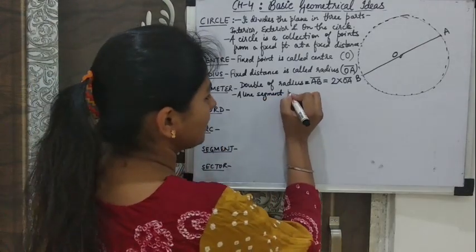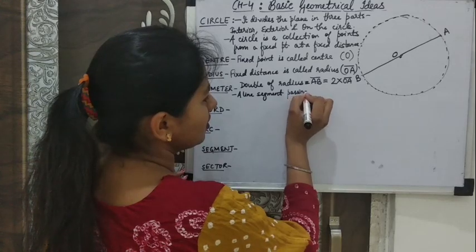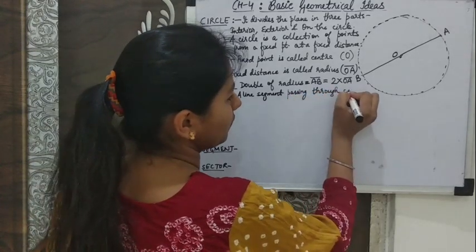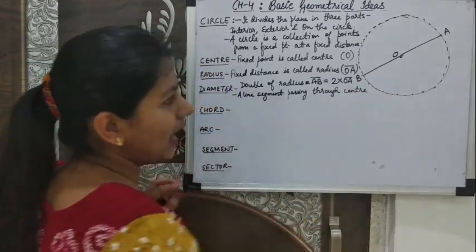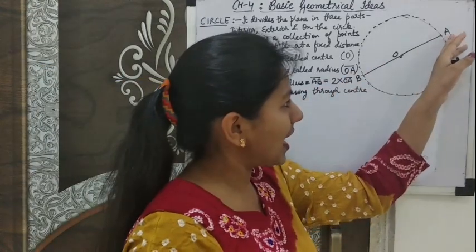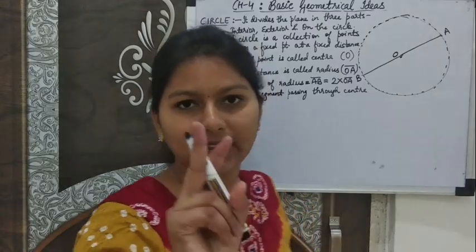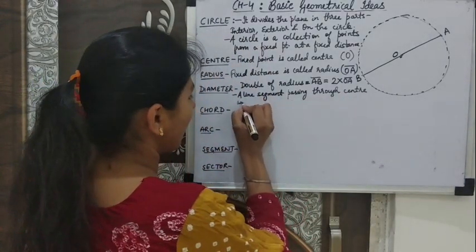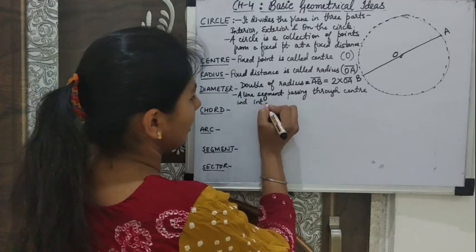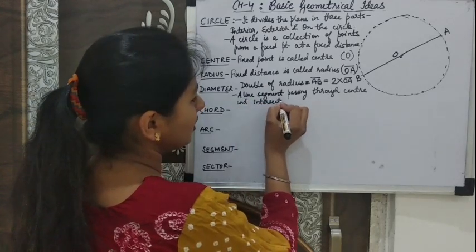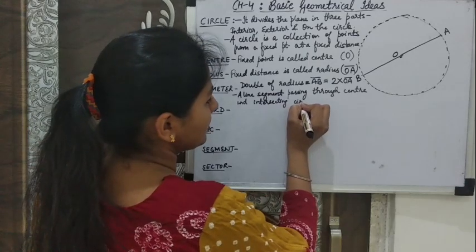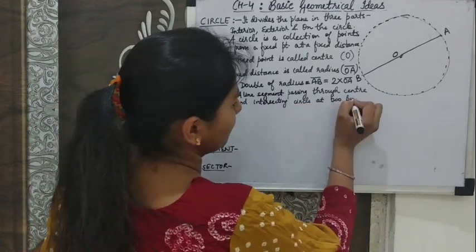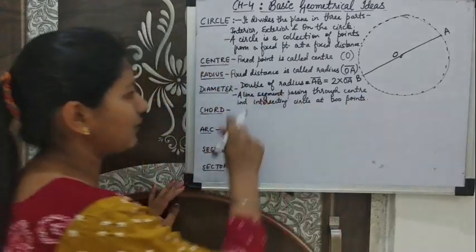A line segment passing through center, as well as intersecting the circle at 2 points. So in two ways we can define this diameter.